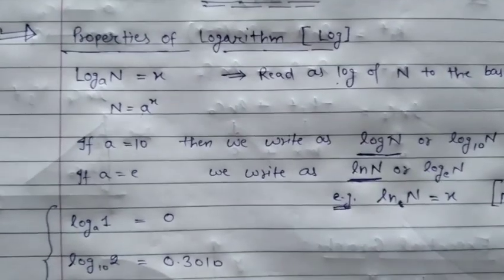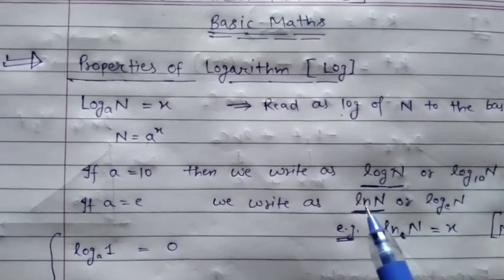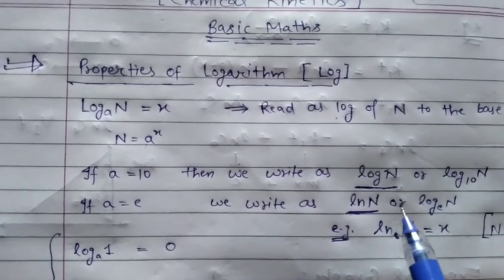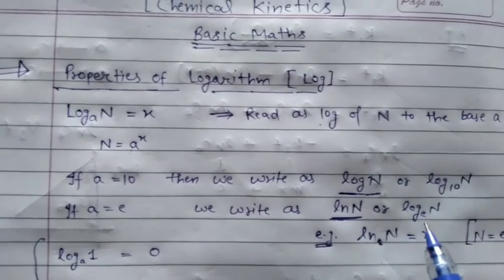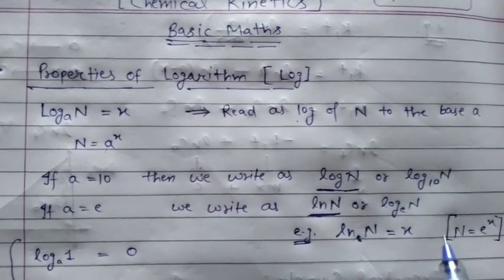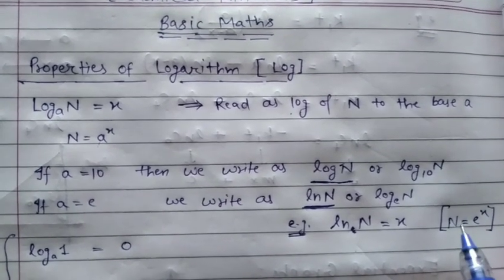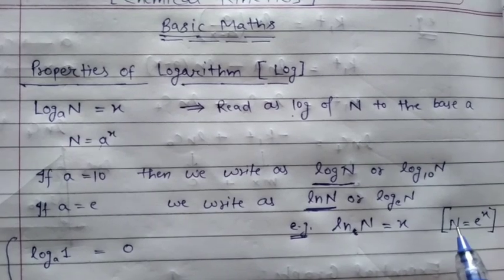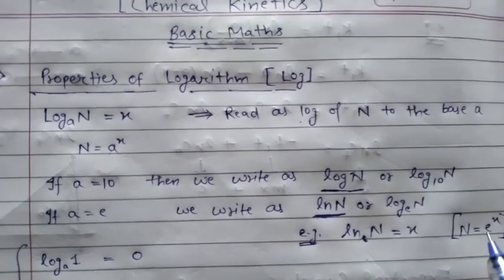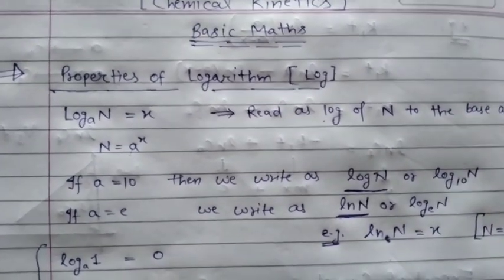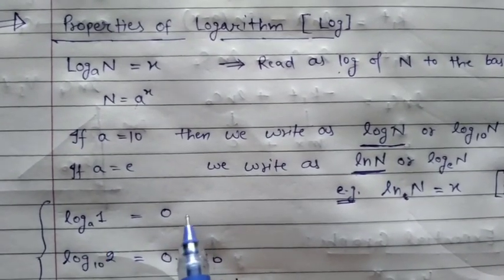If the value of a is equal to e, then we will write ln n, or log of n to the base e, and we can get the value of n as n is equal to e to the power x. Then the value of log 1 is equal to 0.